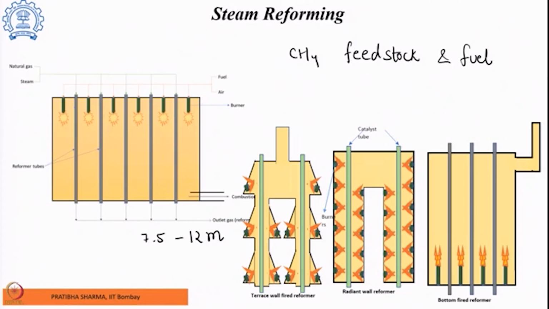Now what is that reaction, we will see. One more thing to be mentioned here is the combustion product. Methane burns to give the desired heat. However, it is not 100% heat transfer to the reactor filled tubes.